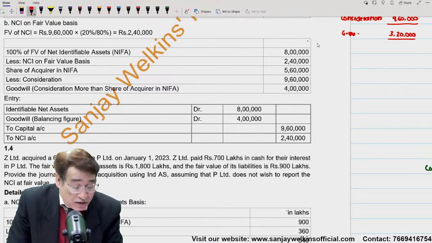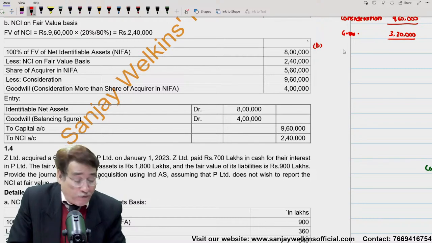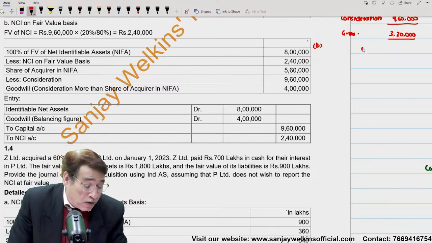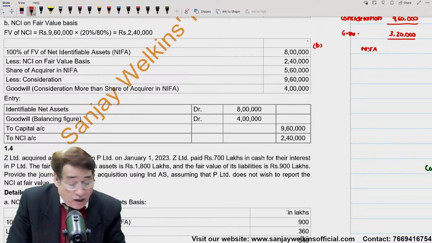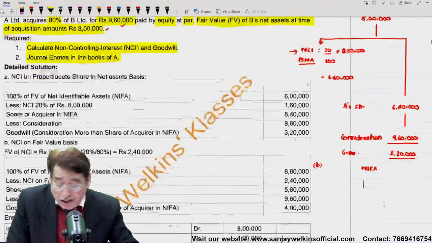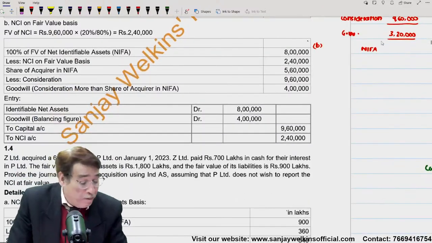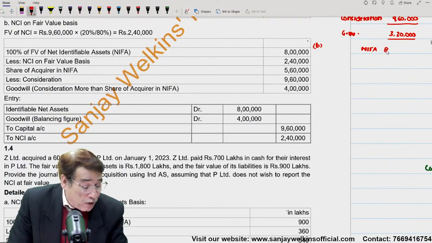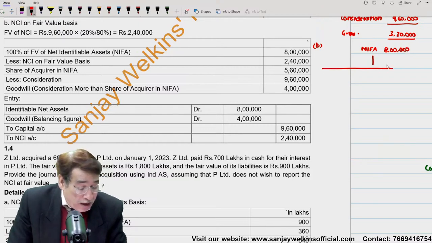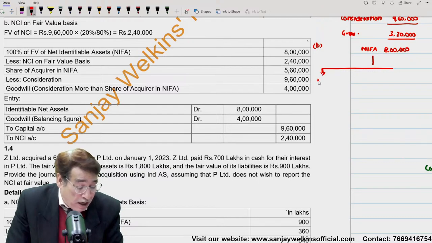Let us say the same question I am solving now, taking NCI at fair value. So in order to consider NCI, again I write NIFA. The amount of NIFA, net identifiable assets, was 8 lakh. So I will write here 8 lakh. Then I am going to write NCI, and I will have to compute NCI at fair value in this case.